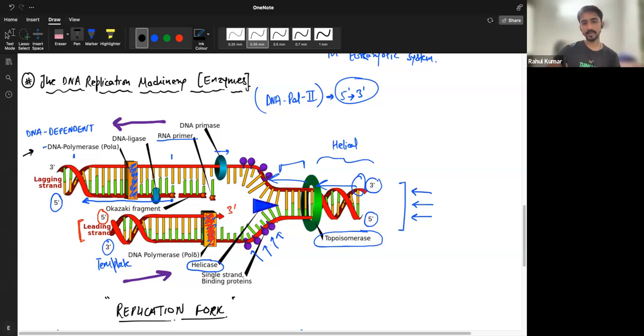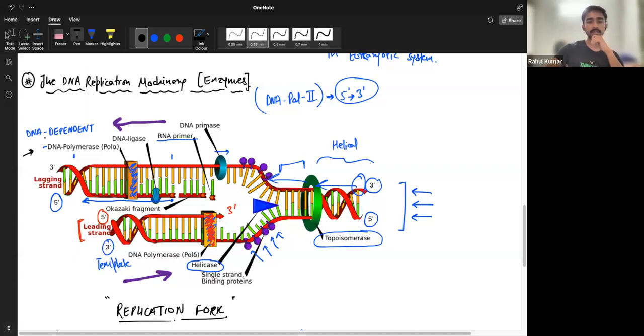After helicase opens, I told you that there are these single strand binding proteins that bind to these opened single chains and stabilize them, right? And other enzymes that play an important role is DNA ligase that joins together the Okazaki fragments.